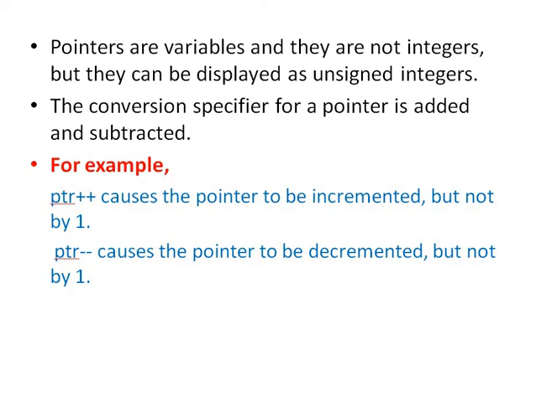Pointers are variables and they are not integers, but they can be displayed as unsigned integers. The conversion specifier for a pointer is added and subtracted. For example, consider ptr++. ptr is a pointer. ptr++ causes the pointer to be incremented, but not by 1.